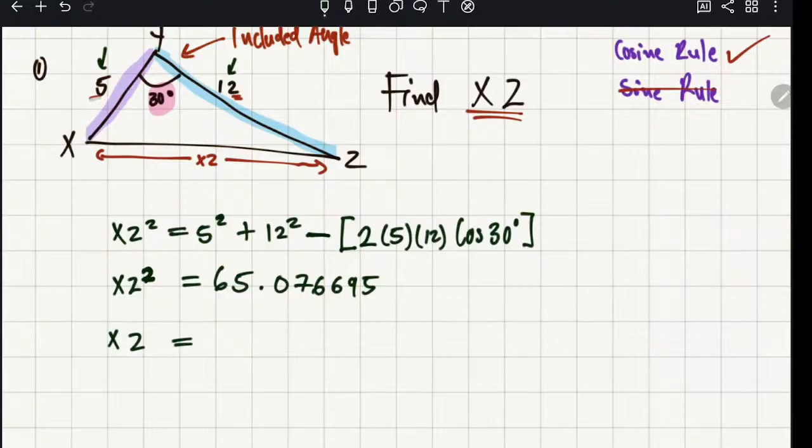So you take power of 2 to the other side, it becomes square root of 65.0769. Is it 07 what? Let me check the chat again. Let me see what answers you gave me. 65.07695.